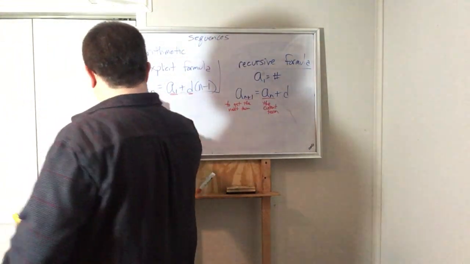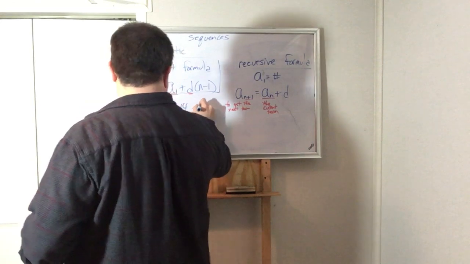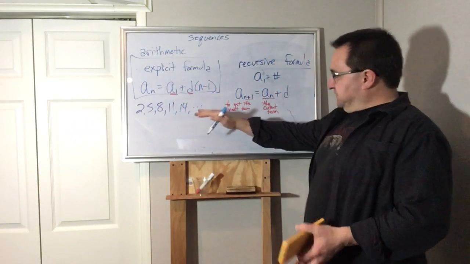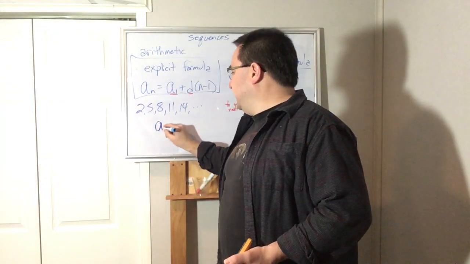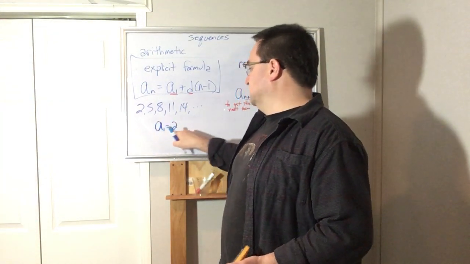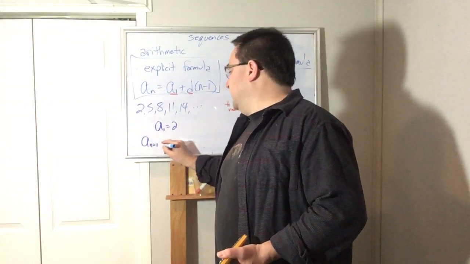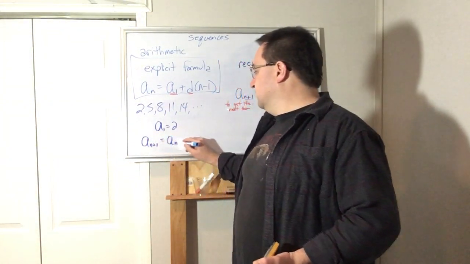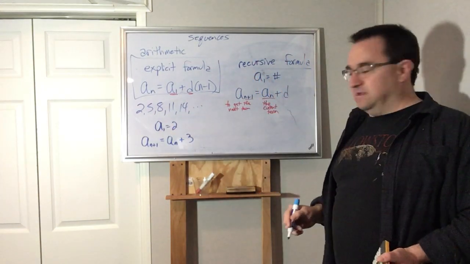What was that example I just erased? 2, 5, 8, 11, 14. So for this sequence, if I use this formula, I would say a sub 1 is 2. The first term is 2. And the next term would be the current term plus 3 because I'm adding 3 every time.